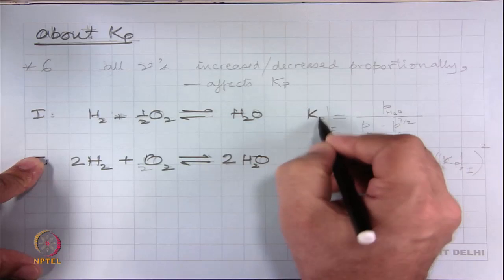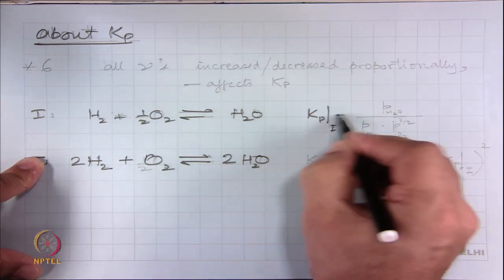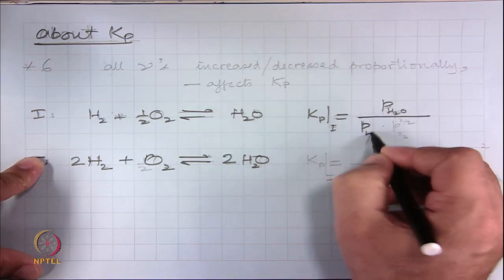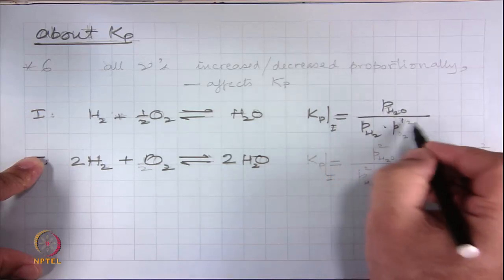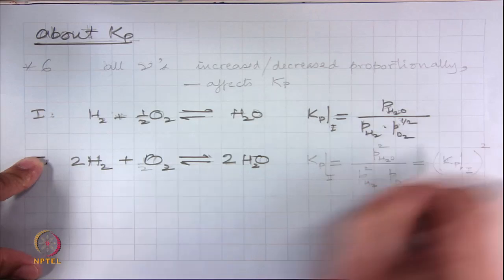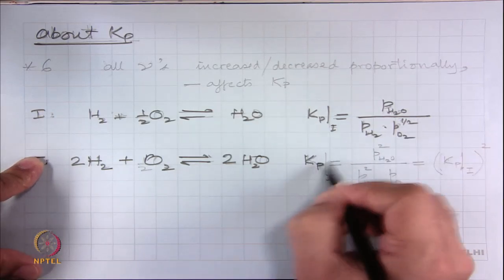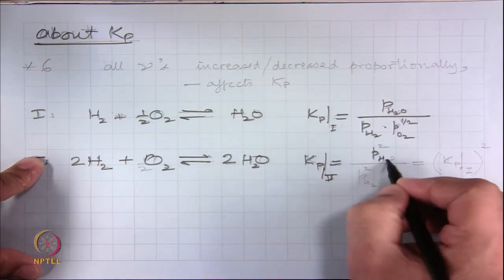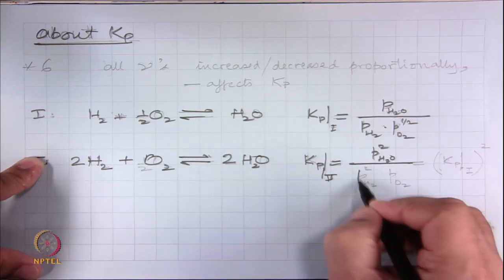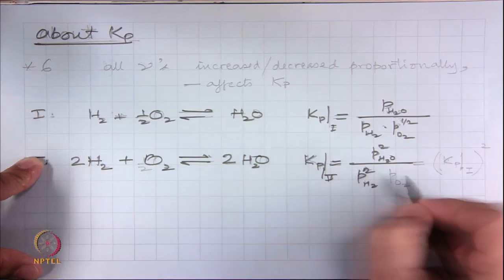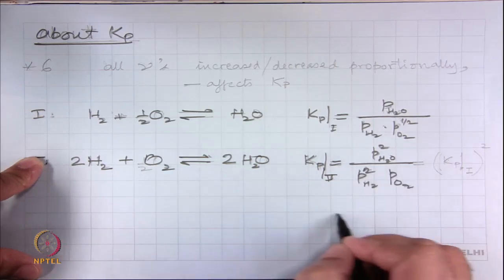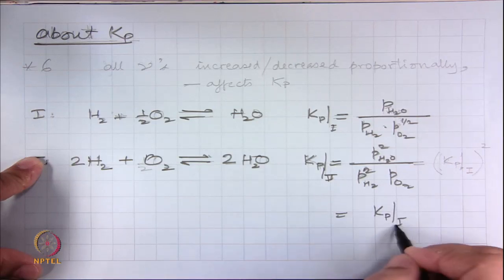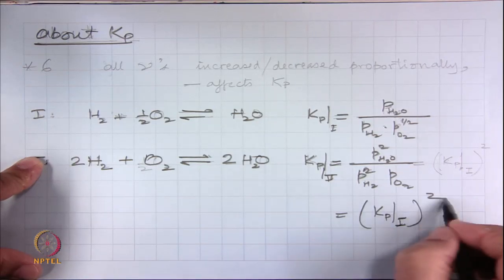What will happen is Kp for this reaction will be the partial pressure of H2O upon pH2 and oxygen partial pressure to the half, but in the second case this will be pH2O squared upon pH2 squared upon PO2, which is Kp for the first reaction squared.